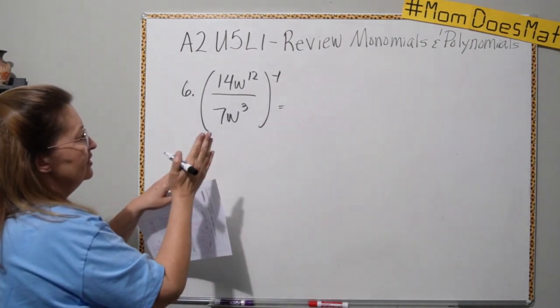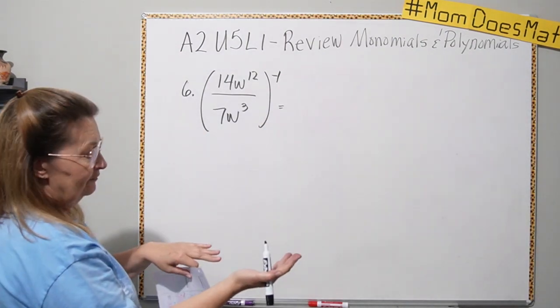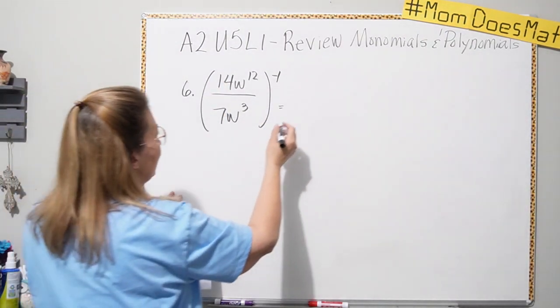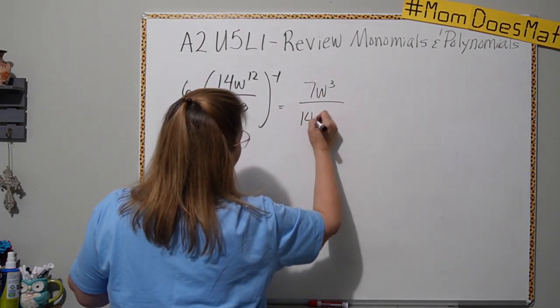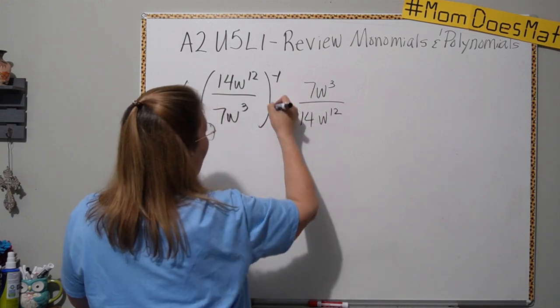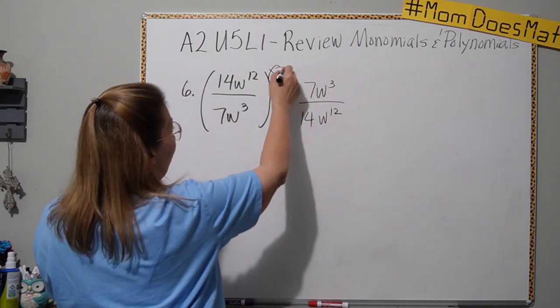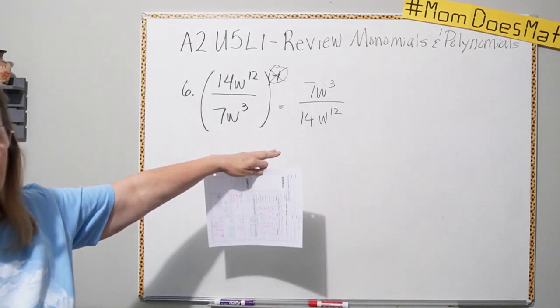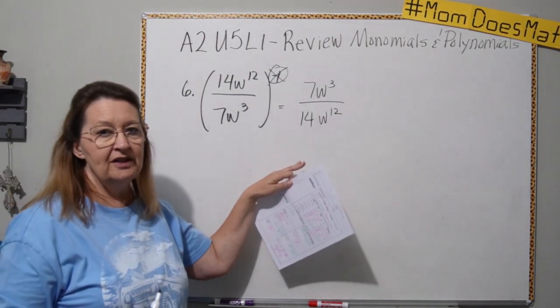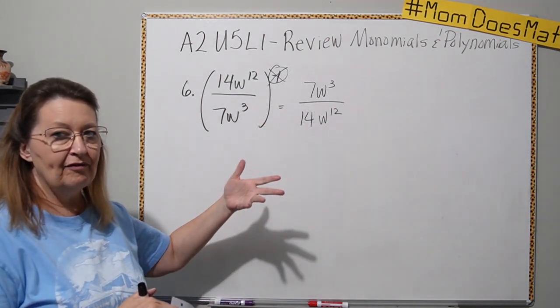So it doesn't matter if you do this step first or second, in other words. But the negative 1 exponent just means that I'm going to flip the whole fraction, okay? All that did is make the negative 1 positive, and anything to a positive 1 power is just that thing. So the only thing that negative exponent did was cause me to flip my fraction.